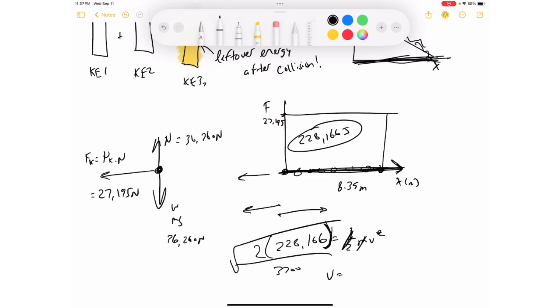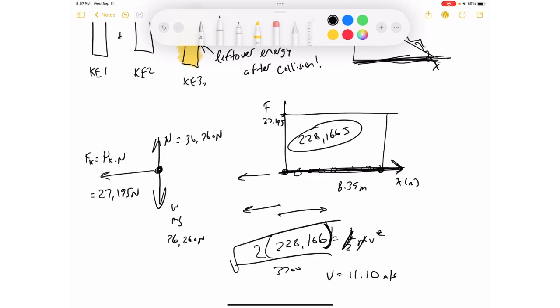Now remember, this is the velocity after the collision. And if you do that, you'll get 11.10 meters per second. Okay, so that's the velocity.